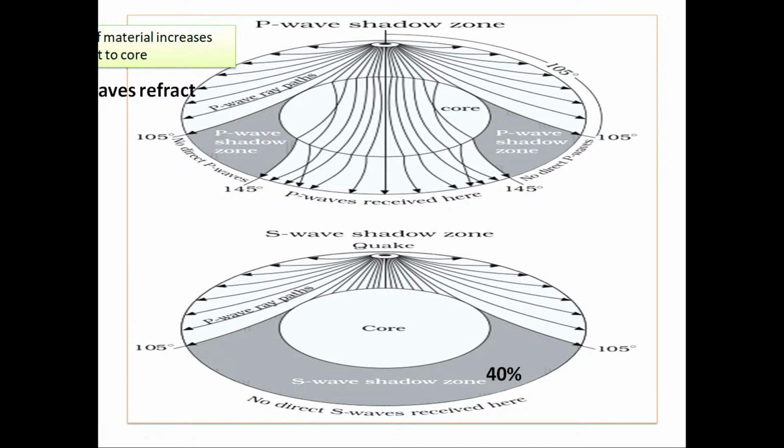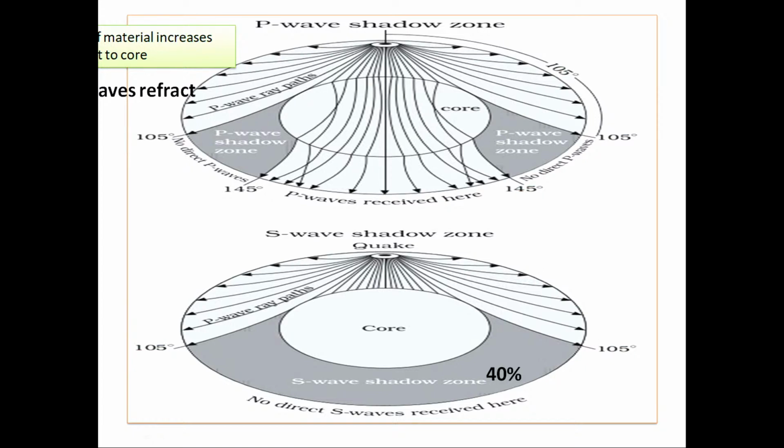Now, again we are using a science concept. In science we have read about refraction. When anything enters from a lighter medium to a denser medium, it will refract and change its path, and from denser to lighter, it will again change path.